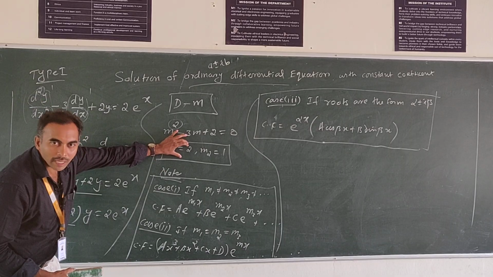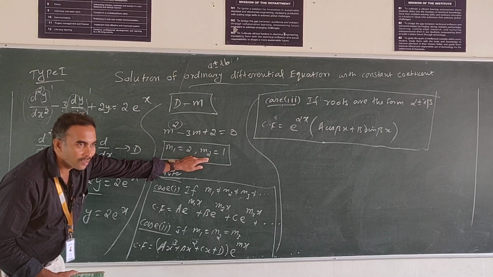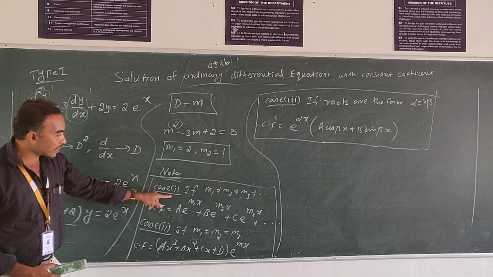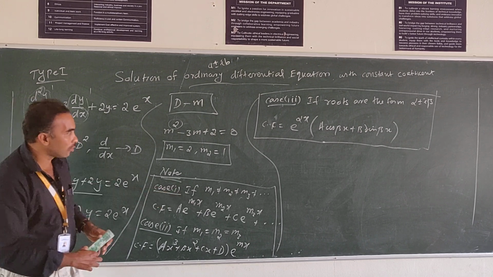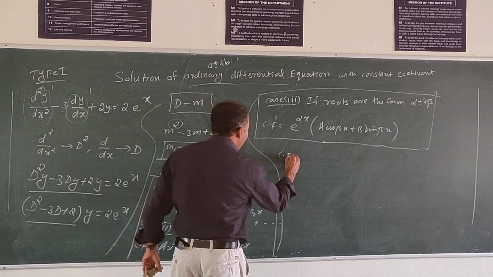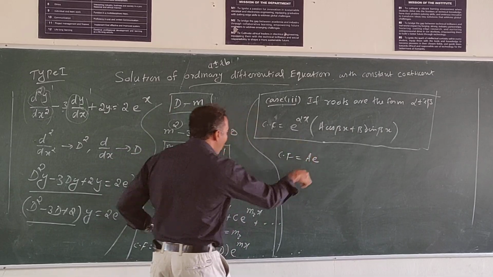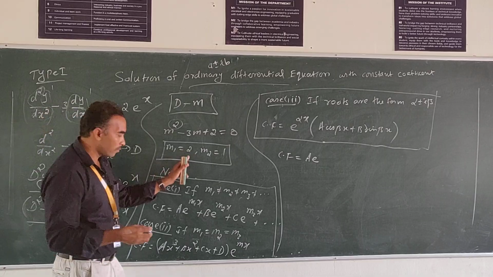Here, how many roots are there? Two roots. Are the two roots equal or not? Not equal. So, which case will it follow? Case 1. So, complementary function equals a e power m1 x. What is m1? 2.